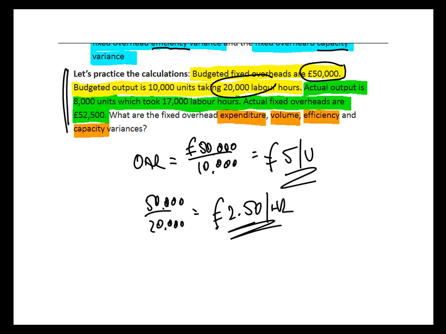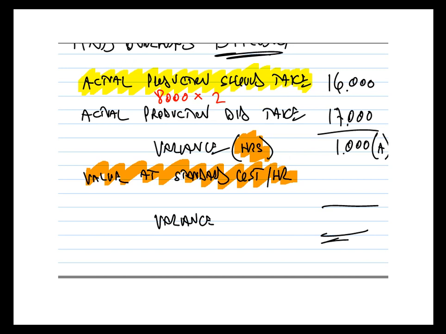That's a per hour fixed overhead cost that I need to use. So if I use this to value my 1,000 hours, I'm getting a variance of 2,500 when I convert it into financial terms, into pounds. Still adverse. If my staff have been slow, that's going to ultimately cost me more. So I've got 2,500 adverse as the fixed overhead efficiency variance.